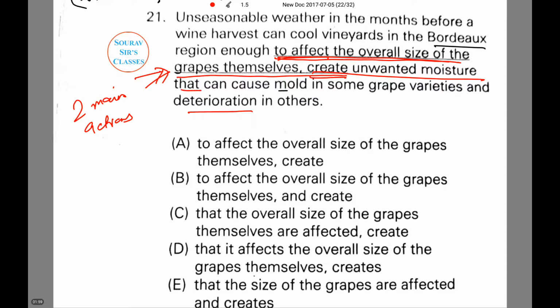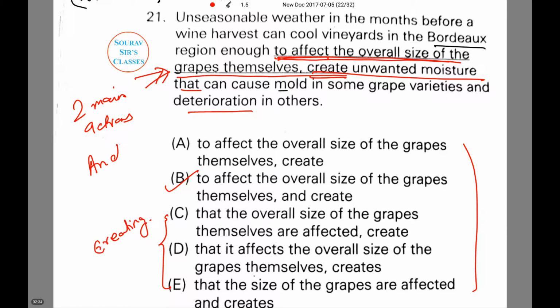To correctly use this compound verb, the original sentence would need an "and" between the verbs. So, among the options given here, only choice B gives us this. Choices C, D and E use the idiomatic expression "enough that," which is not necessarily wrong, but which would require the word "creating."